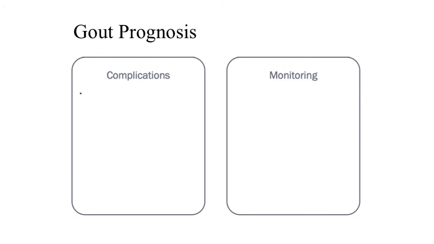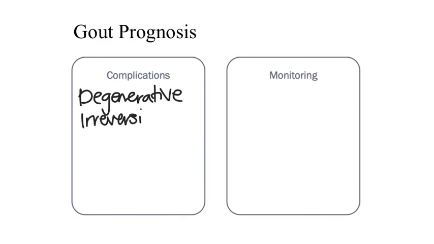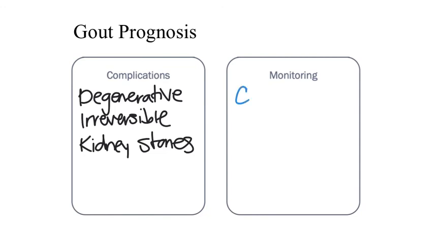Unfortunately, acute gouty arthritis can become degenerative if it happens repeatedly. Similar to rheumatoid arthritis, this can damage articular cartilage permanently and make that damage irreversible. Another common complication of gout is kidney stones. These can also happen very frequently and be problematic to consistently remove.